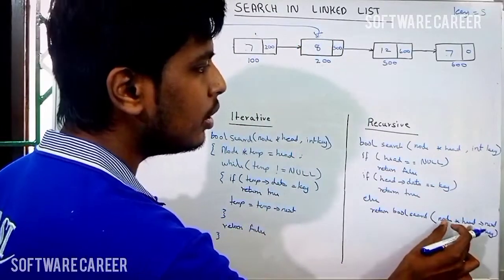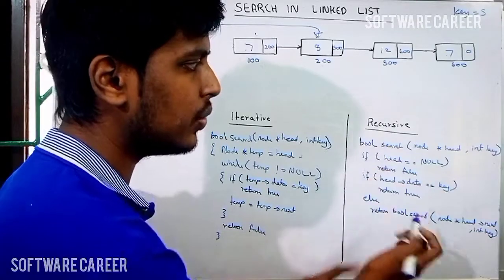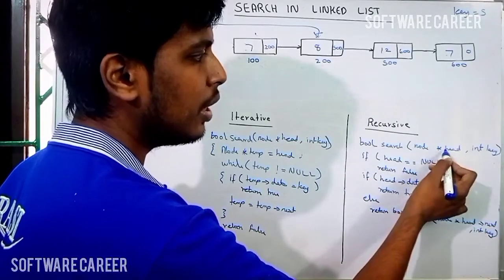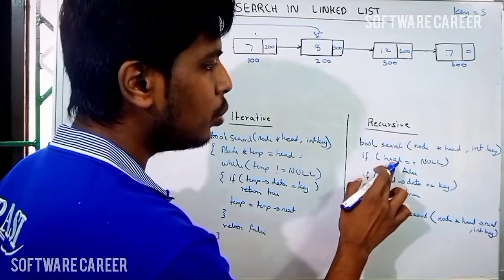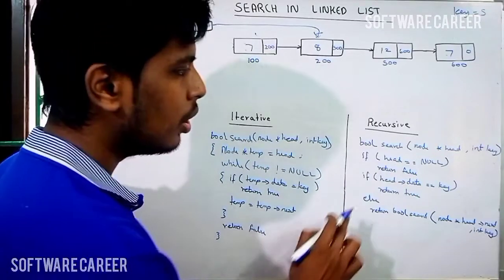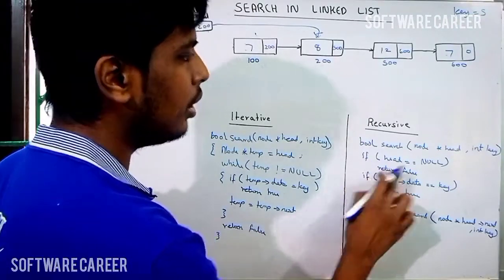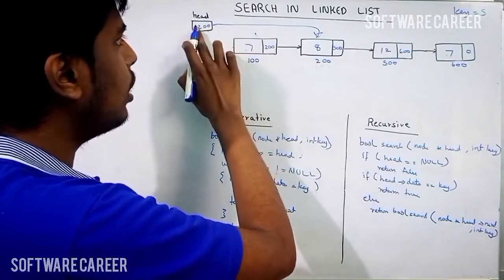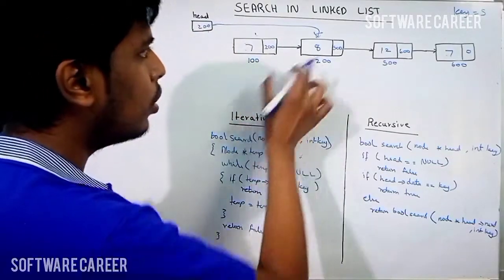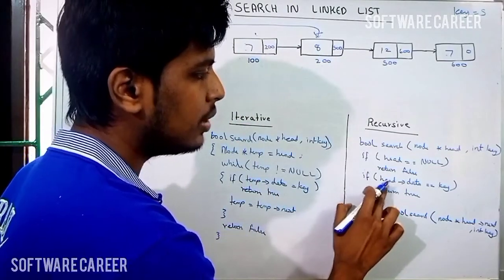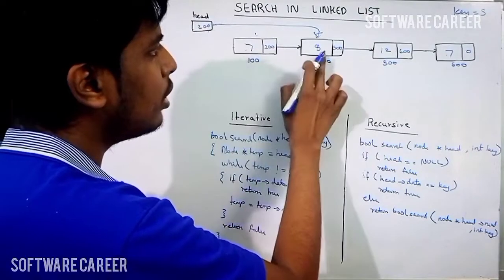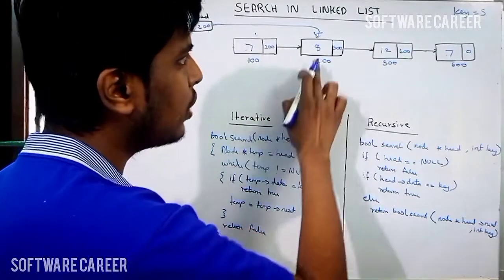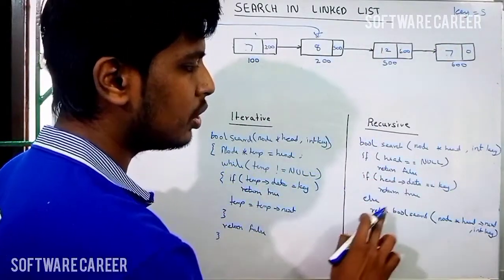Now it will go back to the same search function, and 200 will be entered here. So now 200 is the head value. Now it checks whether 200 is null. No, it's not null, it's not 0. Some node is present, so it will check head's data. 200's data is 8. So it checks whether 8 is equal to 5. No, it's not equal.